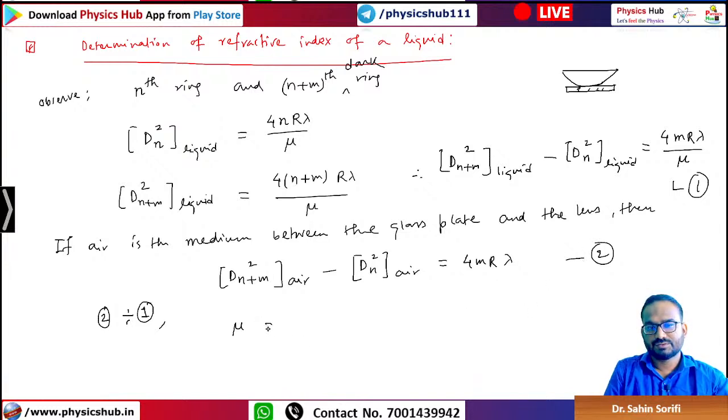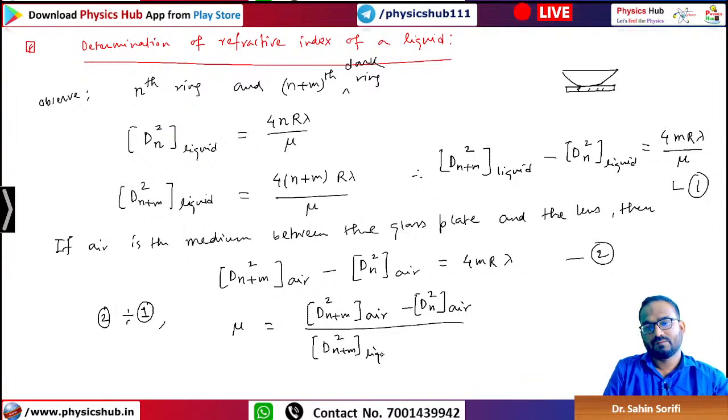So mu is equal to dn plus m whole square in air minus dn square in air divided by dn plus m whole square in liquid minus dn square in liquid.